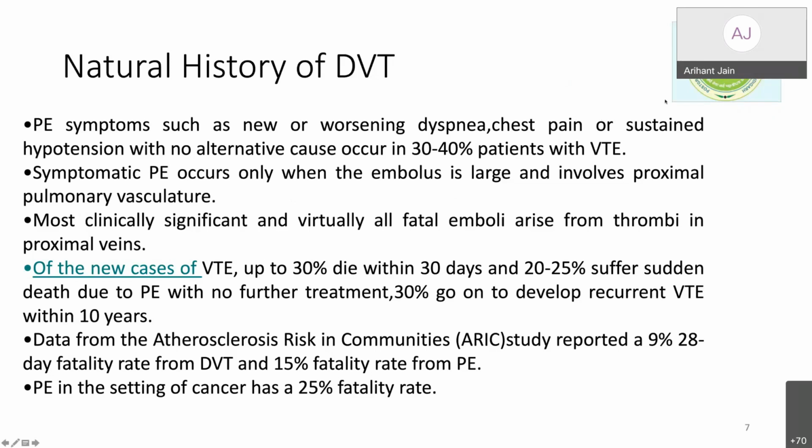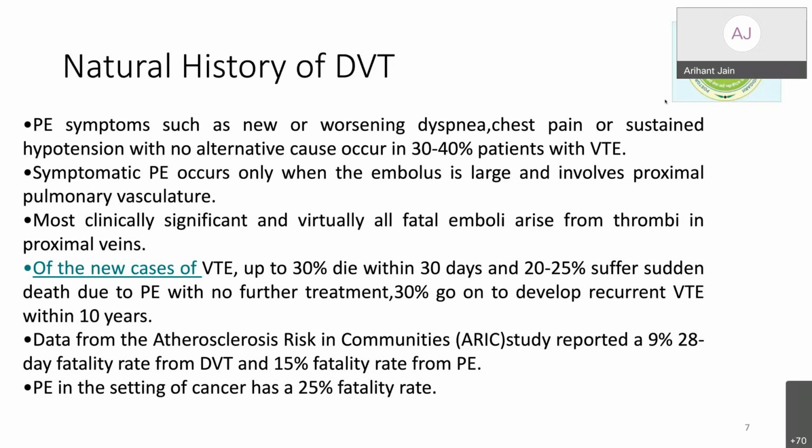Of the new cases of VTE, up to 30% will die within 30 days, and another 20 to 25% will have a sudden death due to pulmonary embolism with no further treatment. And 30% of these will go on to develop recurrent VTE.